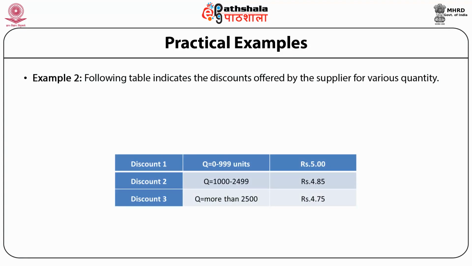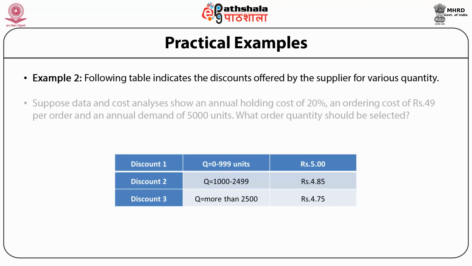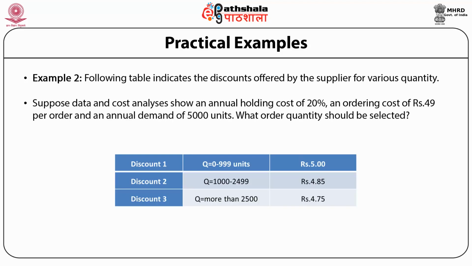The following table indicates the discount offered by the supplier for various quantities. Suppose data and cost analysis shows an annual holding cost of 20%, an ordering cost of 49 per order and an annual demand of 5000 units. What order quantity should be selected?